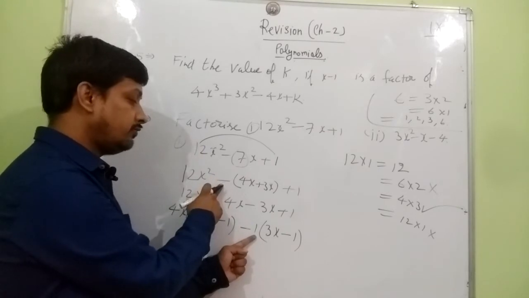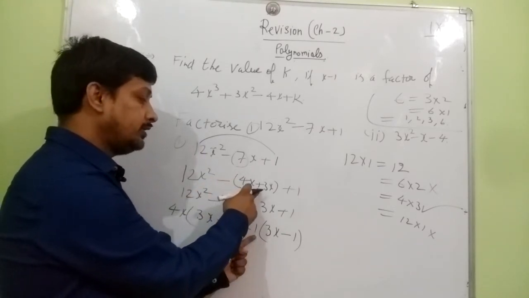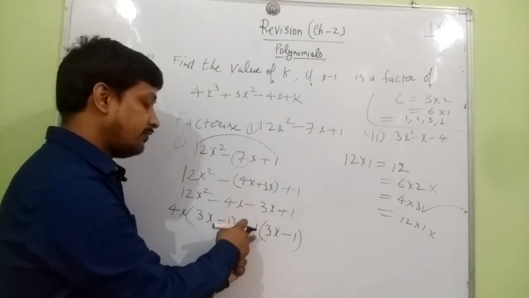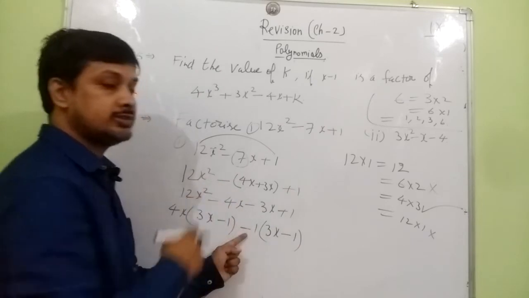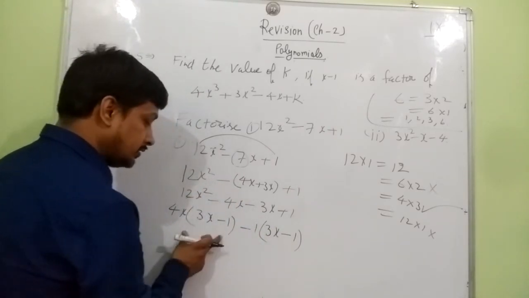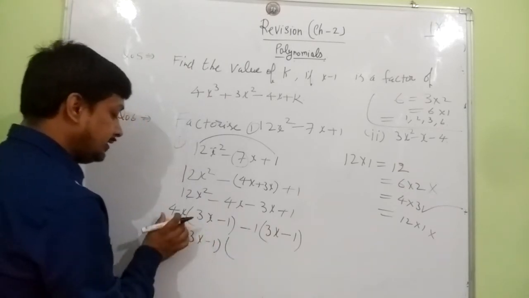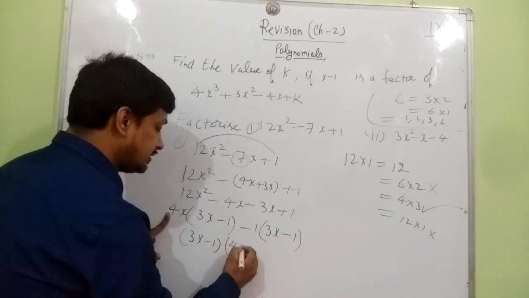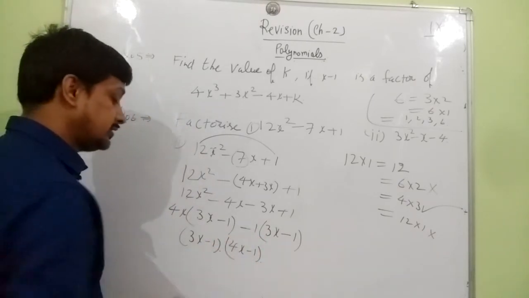For example, here was a negative sign outside the bracket. Whenever we open the bracket, the sign will be changed, and whenever we put the bracket again, the sign will also be changed. These 2 terms are the same, so take it as common, 3x minus 1, and now this and this term can be kept within a bracket. So this is the factorization.